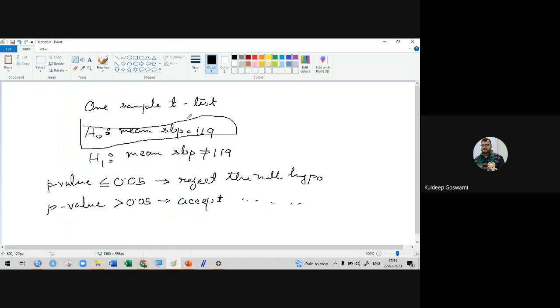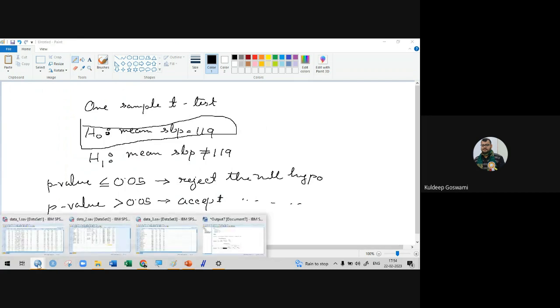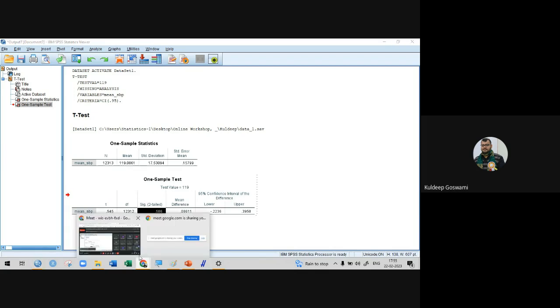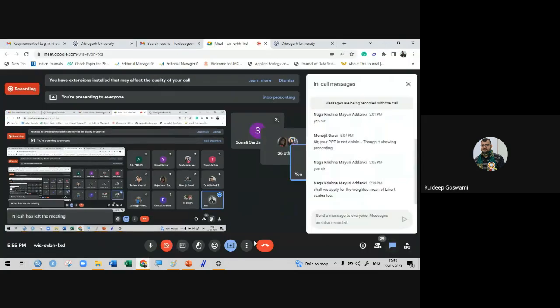Like the mean SBP of the sample is 119 mmHg. Okay. Any problem? No, sir. Okay. Is everyone getting my point? If you have anything, you can put it on the chat box also.